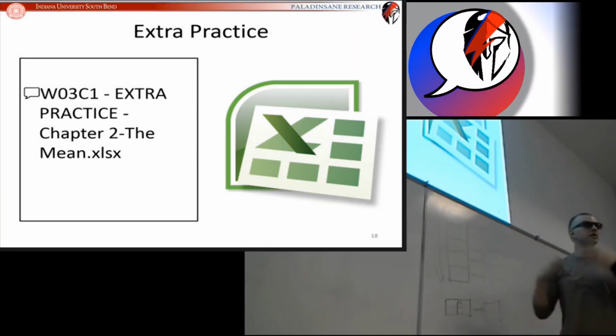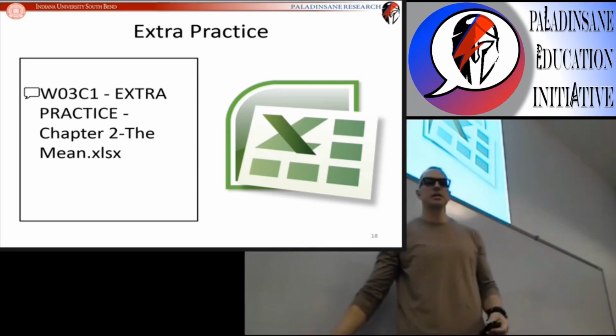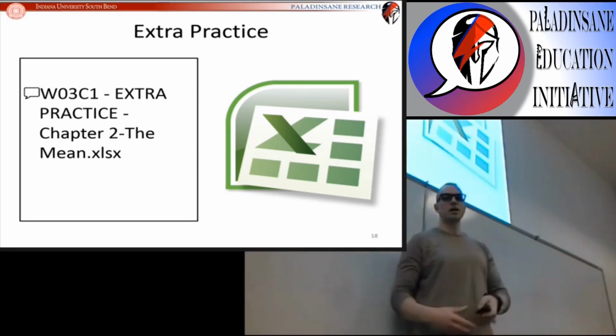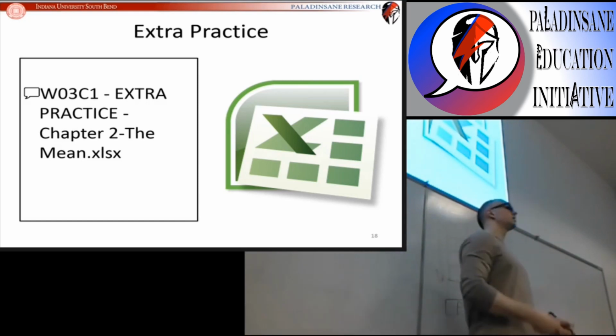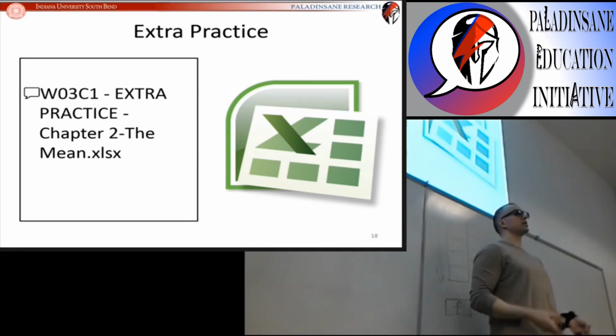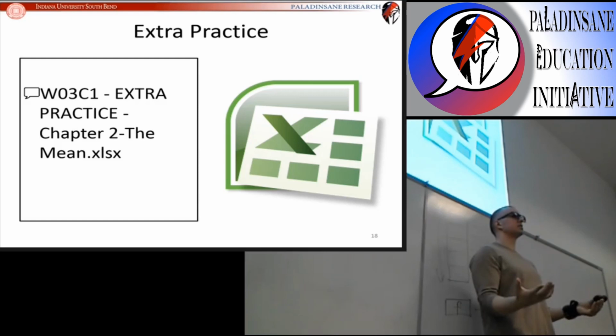So I highly recommend complete that Excel, get that practice in, make sure that you're doing that wax on, wax off. You also have extra practice. So there is a second sheet that is very much like this first sheet.